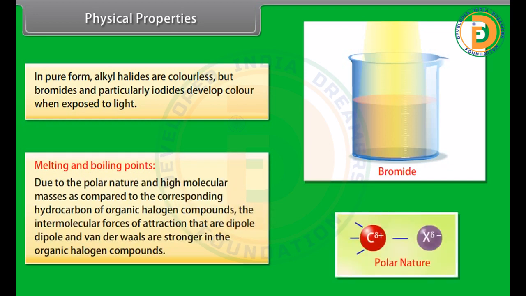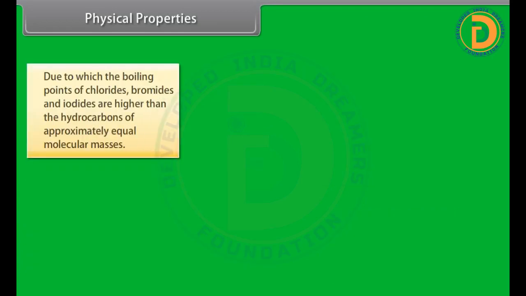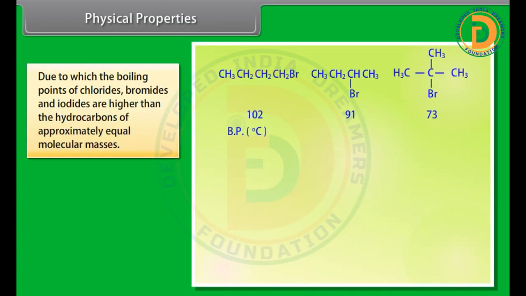Due to the polar nature and high molecular masses compared to the corresponding hydrocarbons, the intermolecular forces of attraction, that is dipole-dipole and van der Waals, are stronger in organic halogen compounds, due to which the boiling points of chlorides, bromides and iodides are higher than the hydrocarbons of approximately equal molecular mass.